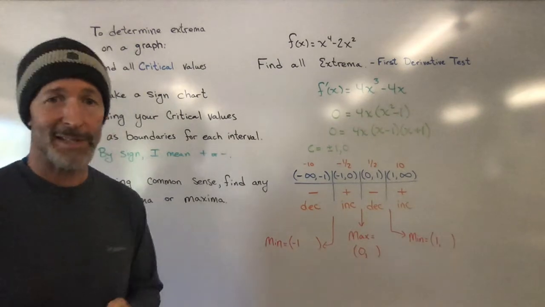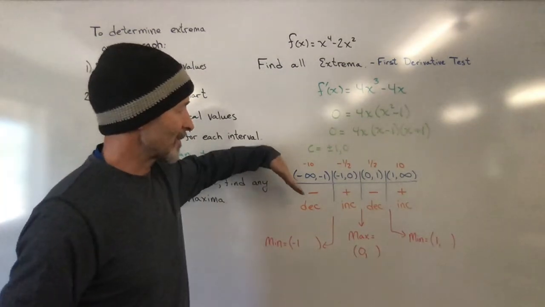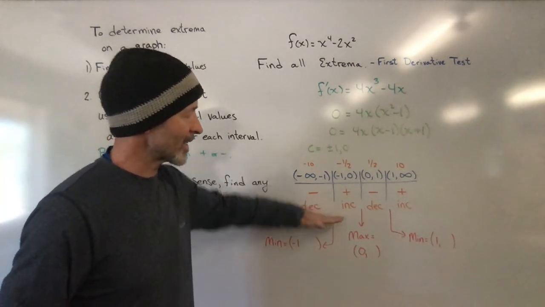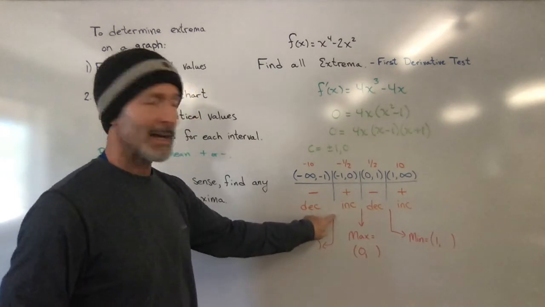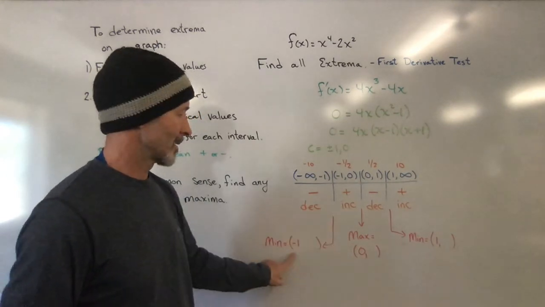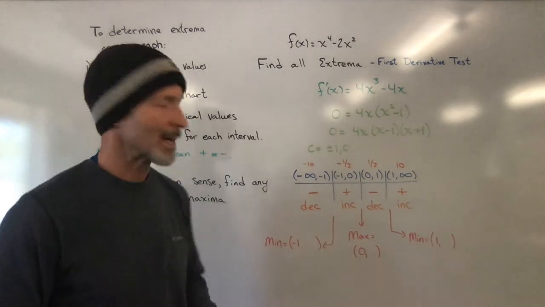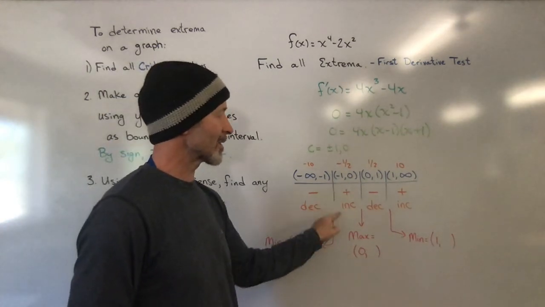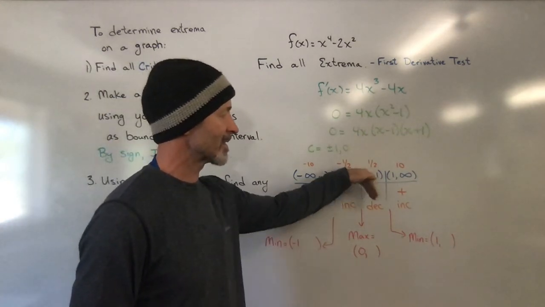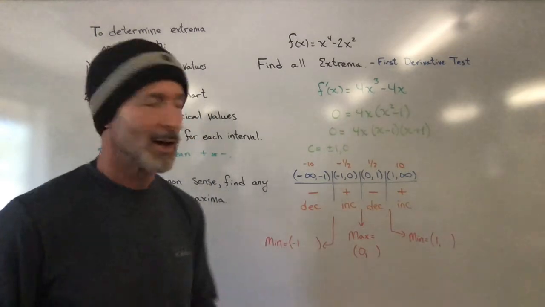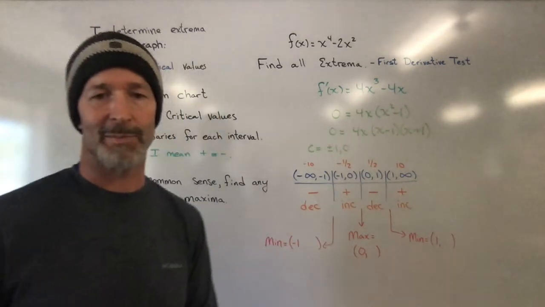Hopefully this is where the common sense kicks in. If I have a graph that's decreasing, decreasing, decreasing, and then suddenly starts increasing again, guess what that point is going to be? Hopefully a minimum. If I have a graph that's increasing, increasing all the way up to 0, and then starts decreasing at 0 and going down again, hopefully you realize that would have to be a maximum.